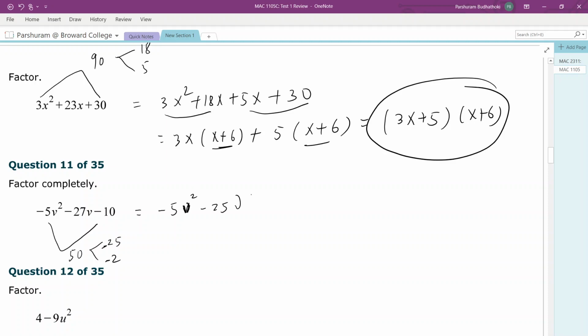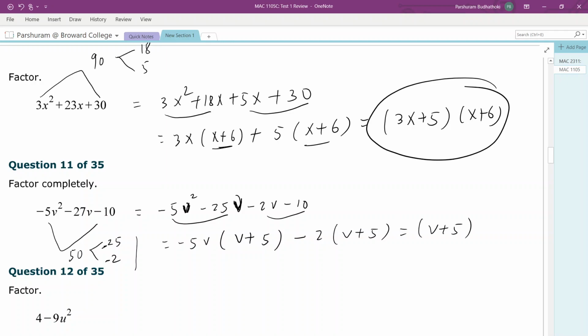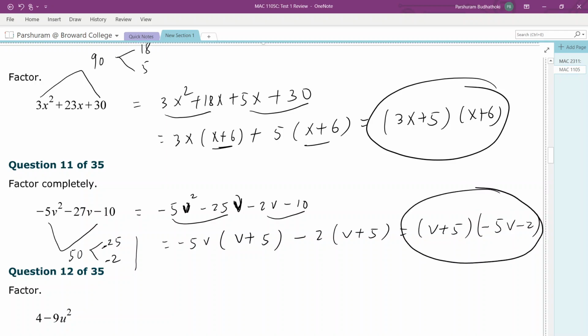Let's say the variable is V. So V squared minus 25V minus 2V plus 10. Now we can factor out from the first two terms negative 5V... and it gives us V plus 5. From the last two terms, the common factor is 2, so it gives us V plus 5 again. And if I factor out V plus 5, it gives me negative 5V minus 2. So that's the final factors for problem 11.